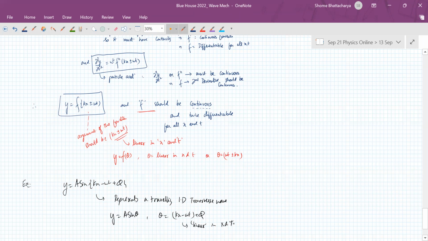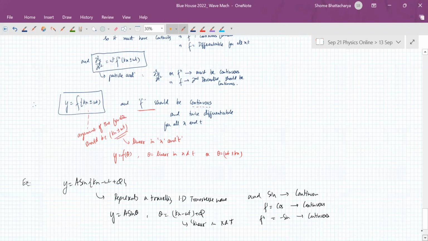And also the sine function is continuous, f prime or cos function is continuous, and f double prime or minus sine function is also continuous.